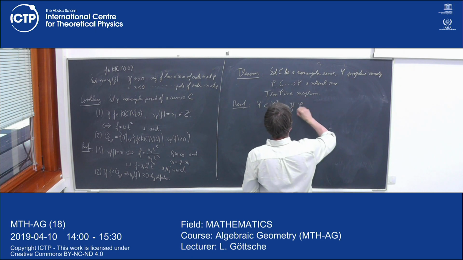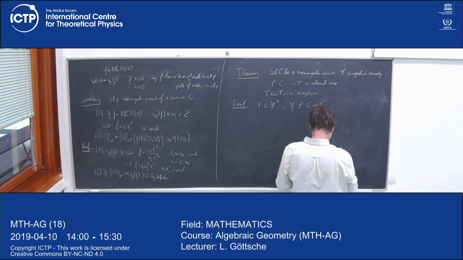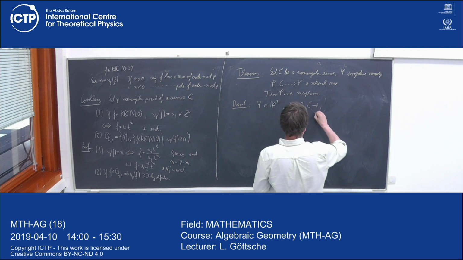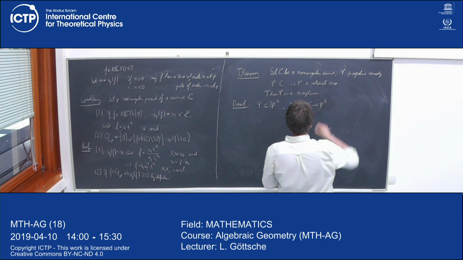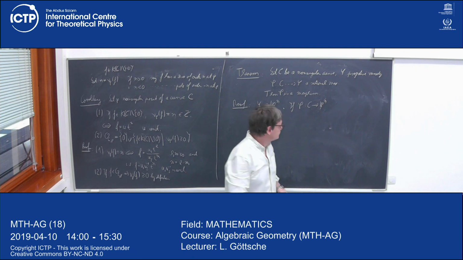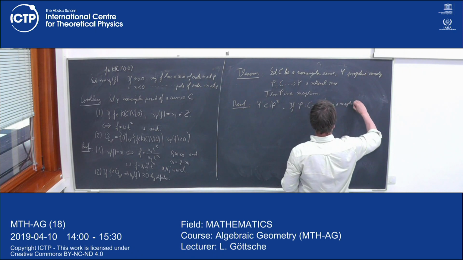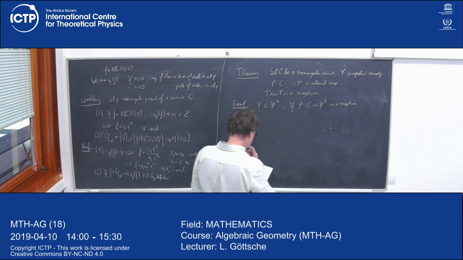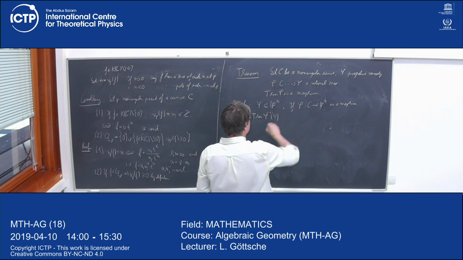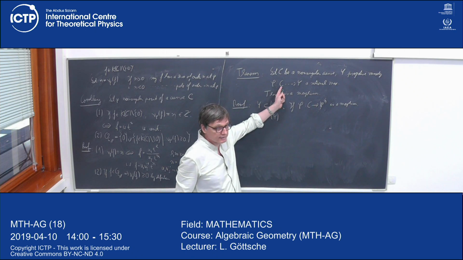If phi from C to Pn is a morphism, viewed as a map to Pn, then the inverse image of Y is an open subset.